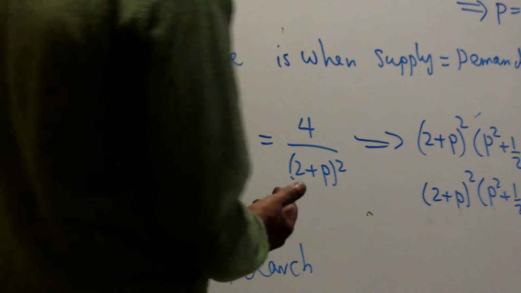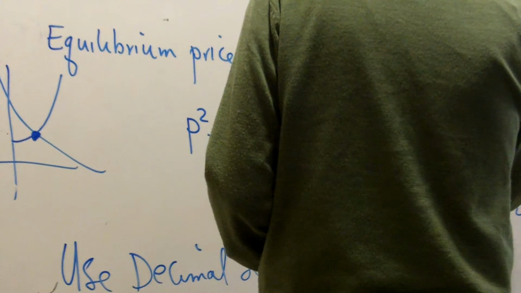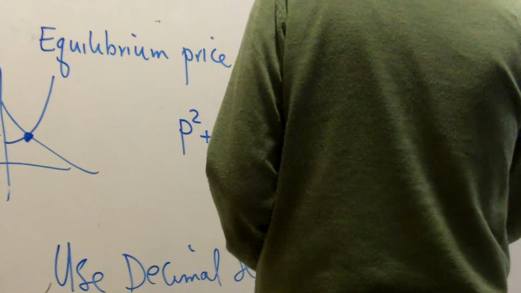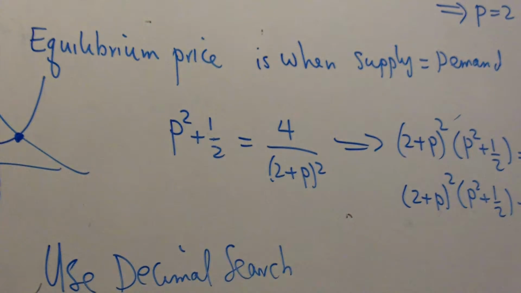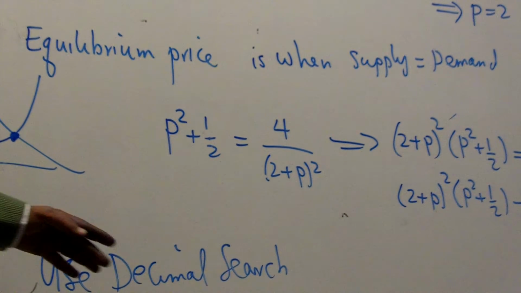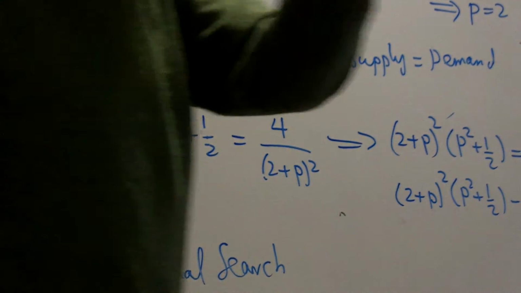If I take a value of 1, for example, I've got a positive value. So I know that the value is between 0 and 1. This is how I just looked at the graph. So you draw the graph of the left hand side, and you'll be able to see that the root is between 0 and 1.